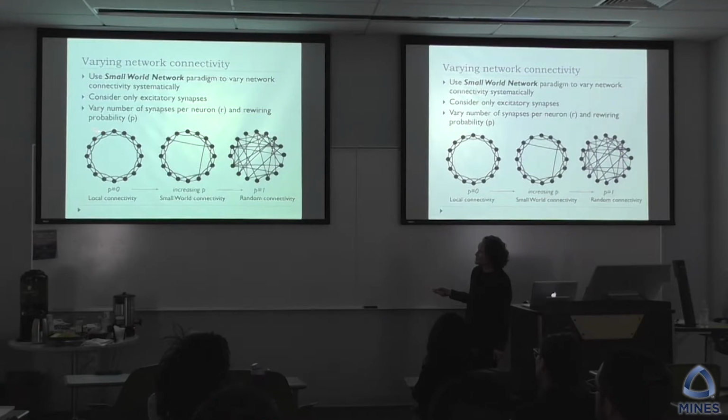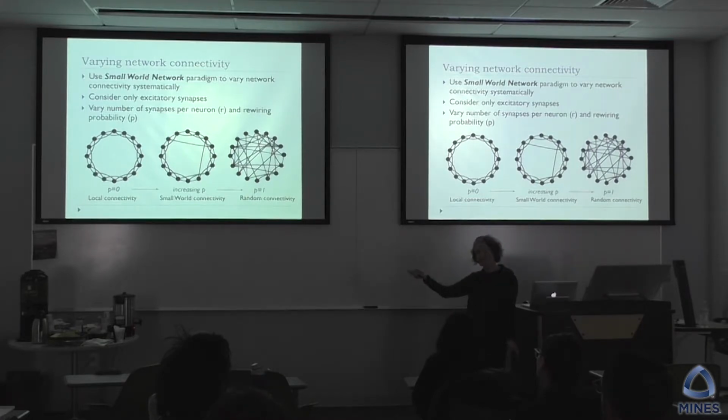So start where our neurons are only connected to some of their nearest neighbors, and then define a rewiring probability parameter P, a probability of an individual synapse being rewired somewhere randomly in the network. And so when we increase the rewiring probability, some fraction of the synapses will be rewired randomly in the network, and eventually when we make P equal to 1, then we're at a random connectivity.